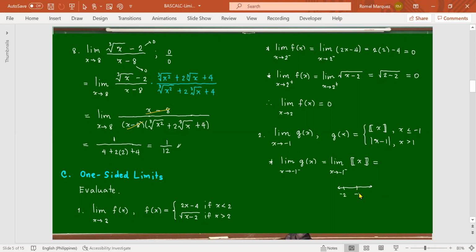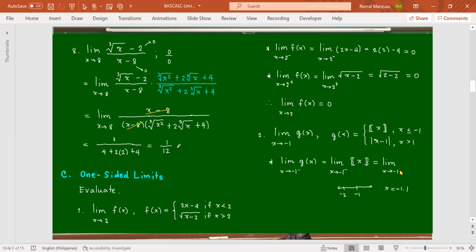Ano yung mga nasa left niya? -1.1, -1.2. What is the greatest integer? Let's say x is -1.1. What is the greatest integer? Negative 2 po.